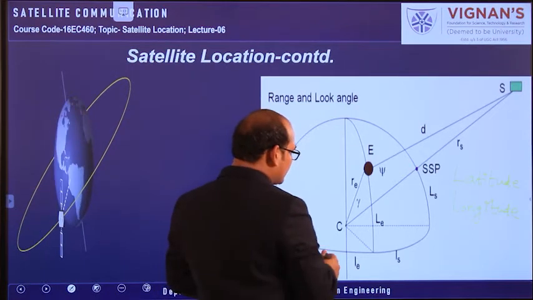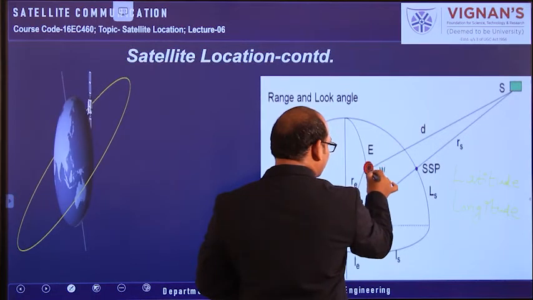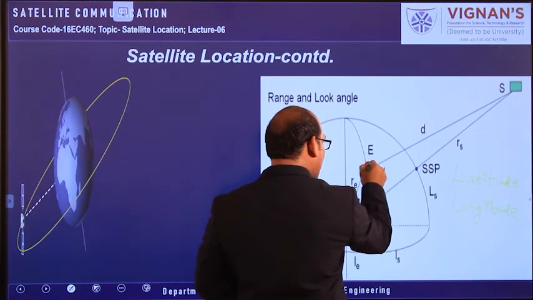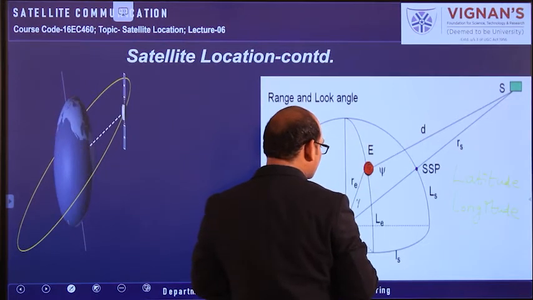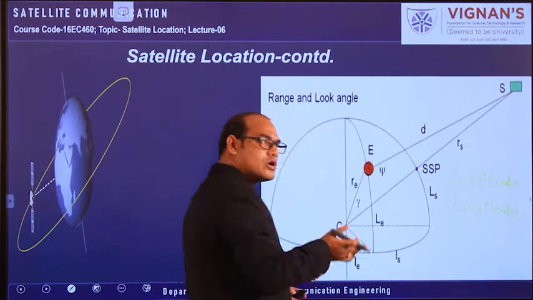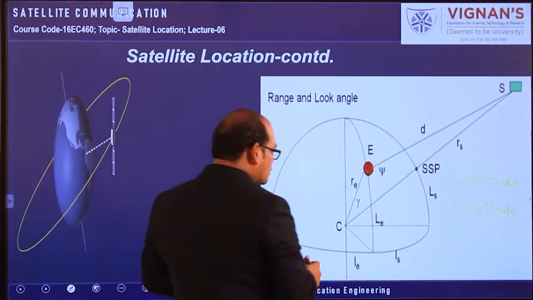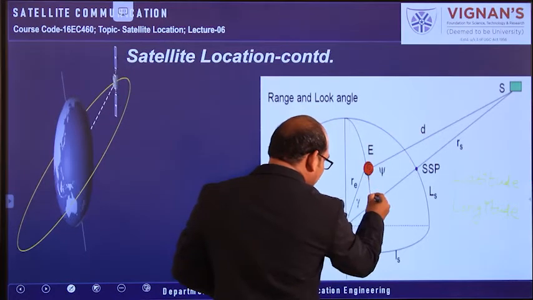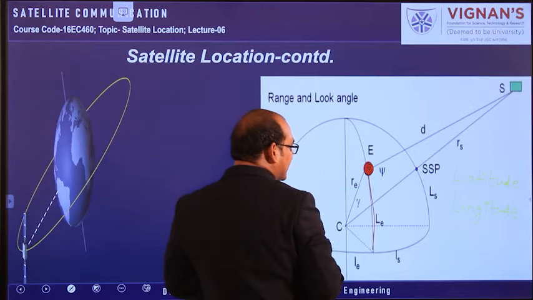So if you see, here earth station is available at one position on the earth, so it is having certain amount of latitude and certain amount of longitude. Latitude means from the equator we have to go either towards the northern hemisphere or southern hemisphere. So this capital LE is representing the latitude of the earth station.